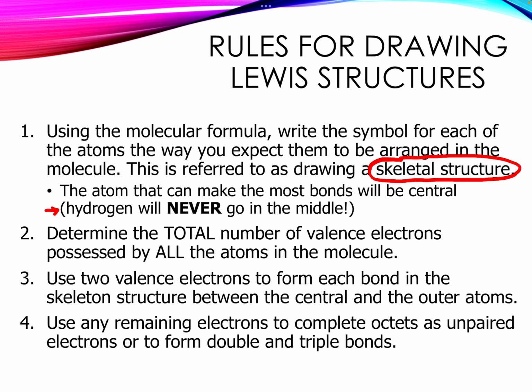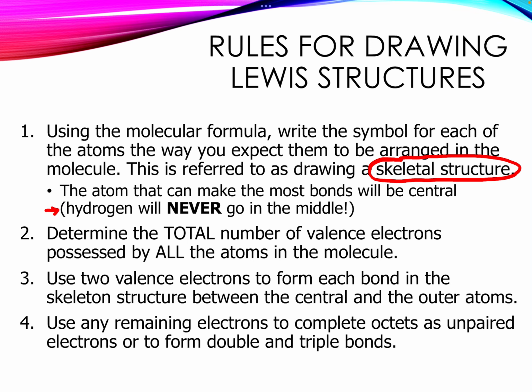Our next step is to figure out the total number of valence electrons from all of the atoms in the molecule. So you're going to need your periodic table to figure out how many valence electrons each atom has. Then we'll add them all up to get the total number of valence electrons in the molecule. Our next step is to use valence electrons to form bonds between the central atom and all of the outer atoms.